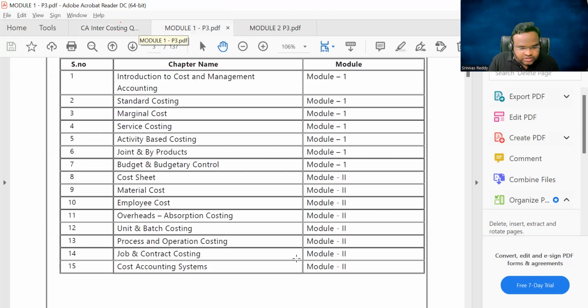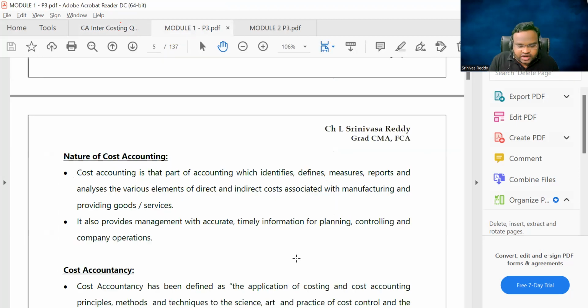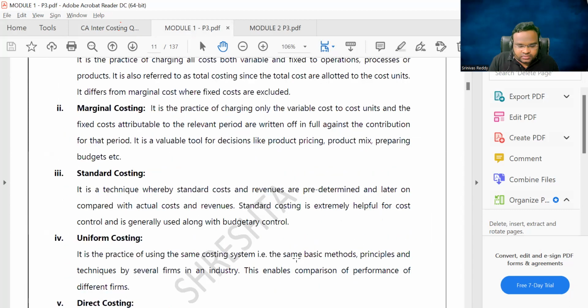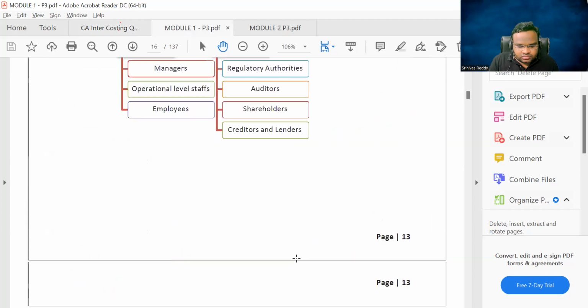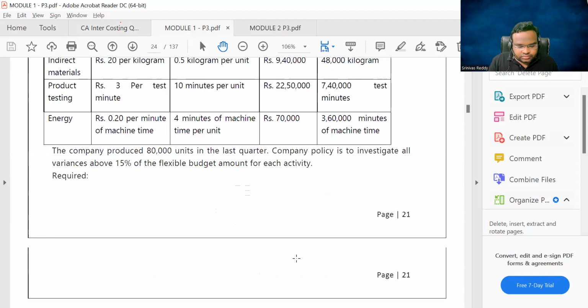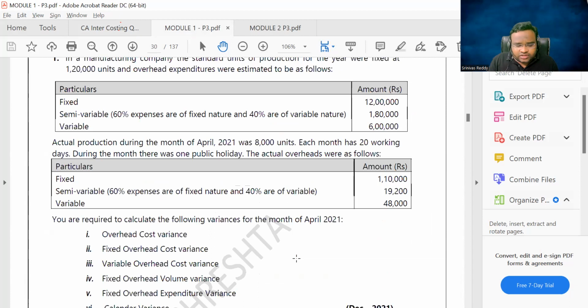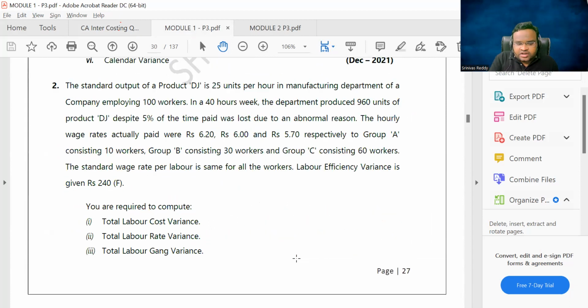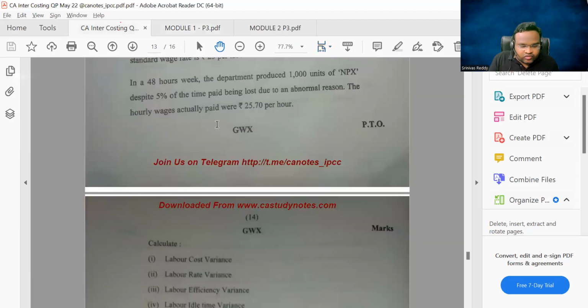So practice problem number 2 in terms of standard costing. This is a very simple standard costing with respect to idle times. If you see this one, despite 5% time paid loss due to abnormal reasons, so different variances, you need to find it out.